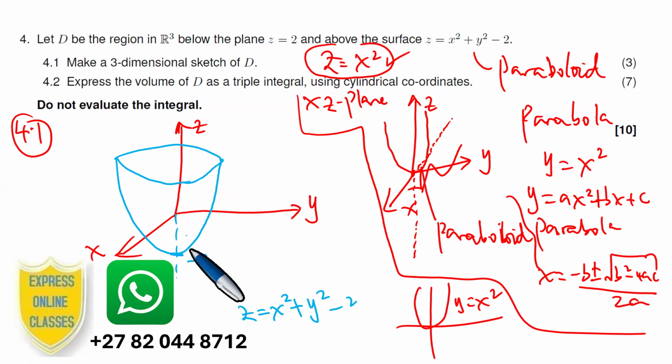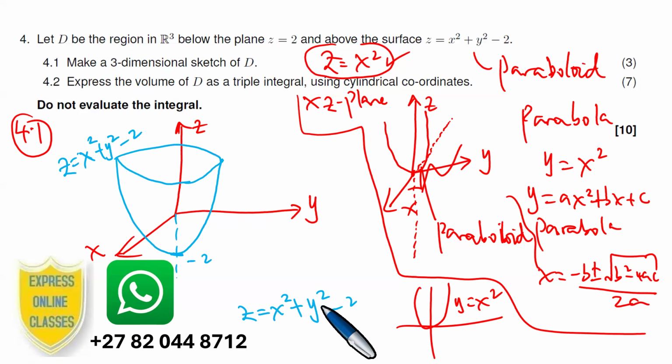But now at the point that it becomes this one whose equation is Z equals x squared plus y squared minus 2.